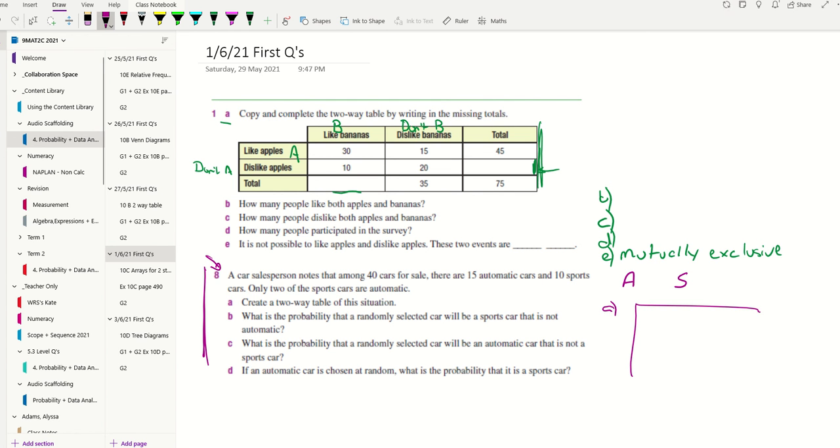So you're creating something which you're going to have on here. You're going to have your automatic cars and your sports cars, sorry, sports cars on that row. And you're going to have not automatic, and you're going to have not sports.